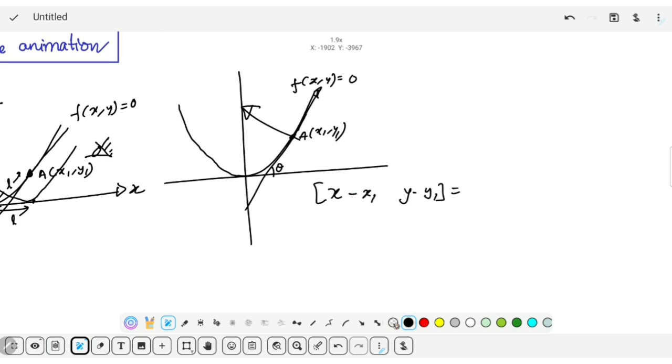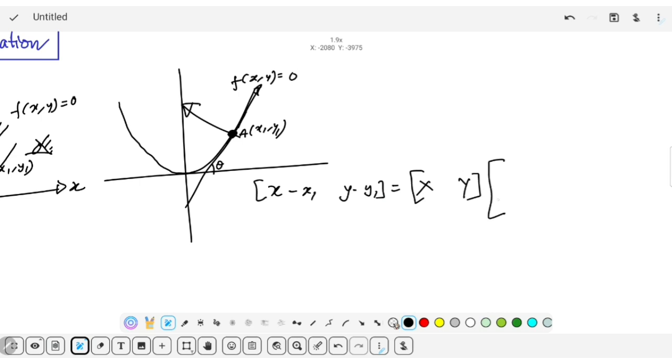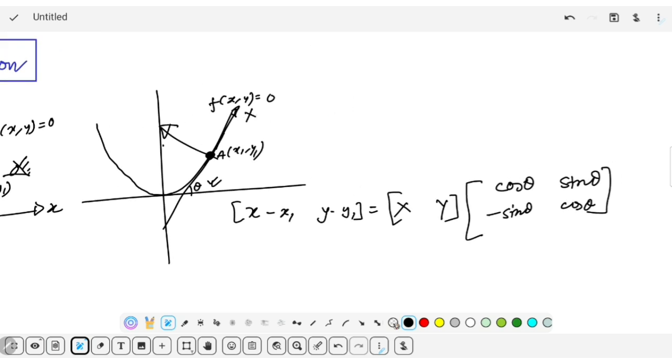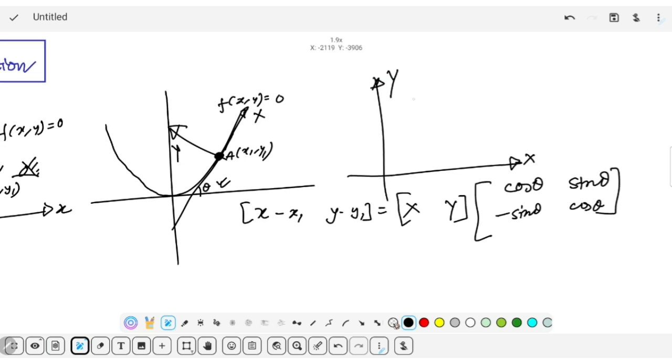If we write the new axis as capital X and capital Y, with point A as the center, I have to rotate it by angle theta using cos theta, sin theta, minus sin theta, cos theta. So this function will give me f of capital X comma capital Y equal to 0.